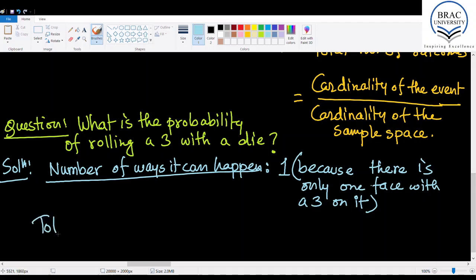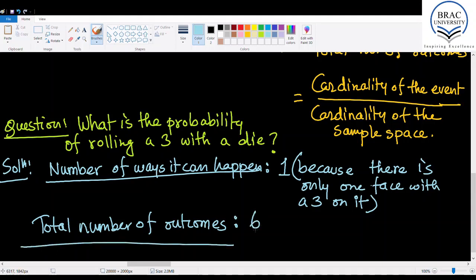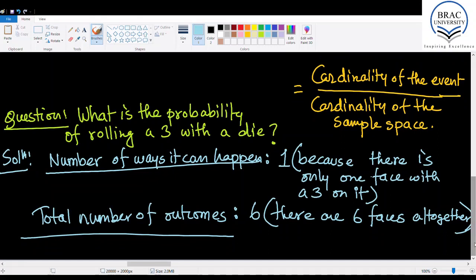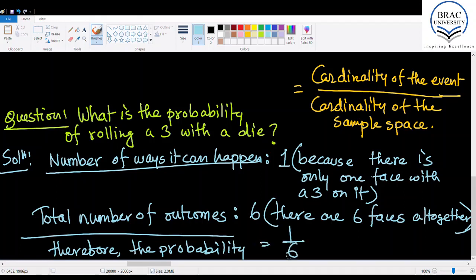And again, the total number of outcomes will be 6 definitely, because there are 6 faces altogether and all the sides are equally likely to come, right? So there are 6 possibilities. Therefore, the probability equals 1 by 6.